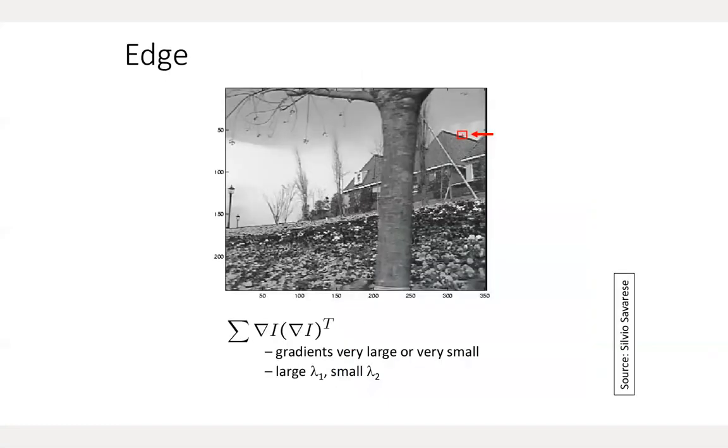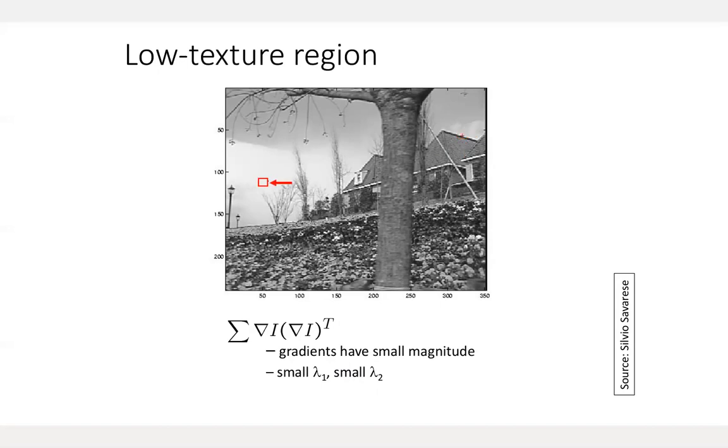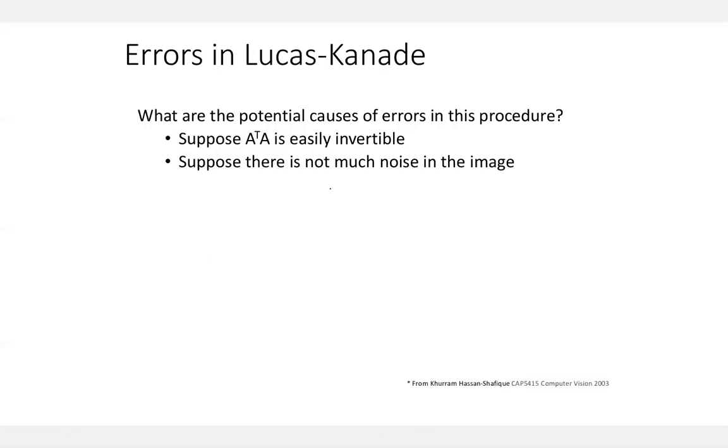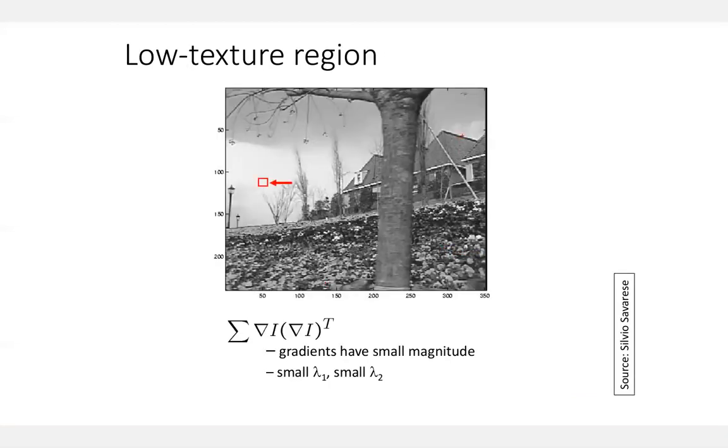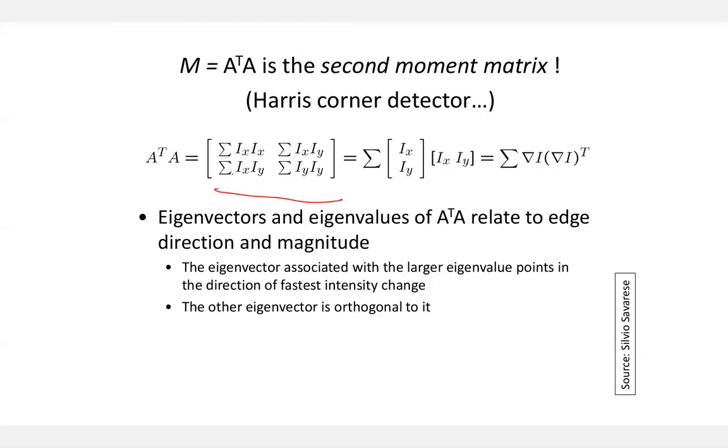This is something we saw before. For example, for this one, one eigenvalue is bigger than the other, and for this one both eigenvalues are small, and so forth. If you link everything together, it kind of makes sense.